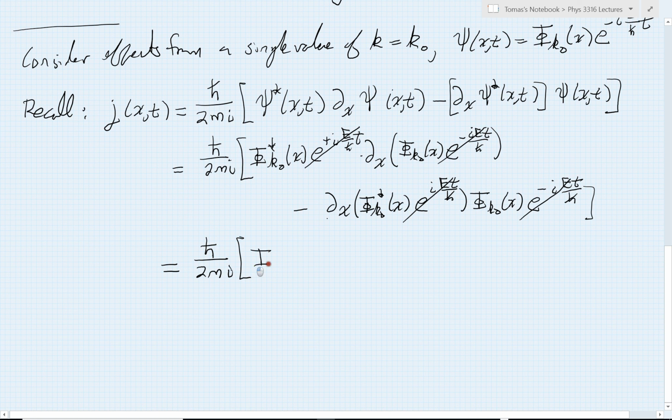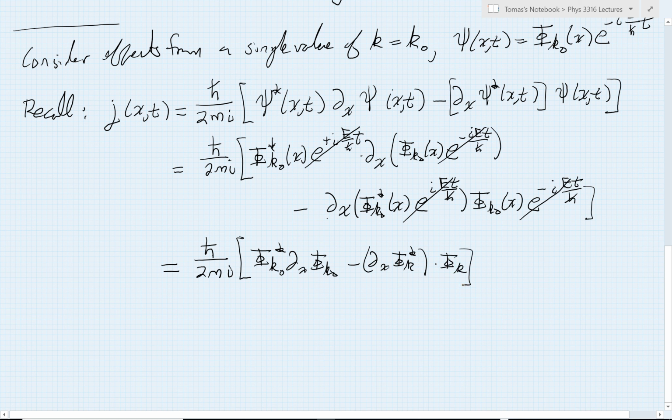So it would simply be phi of this particular k naught that I'm looking at, star, times the x derivative of phi, d by dx of phi, which depends on just this k naught, minus the x derivative of the complex conjugate, multiplied then by the wave function back again.